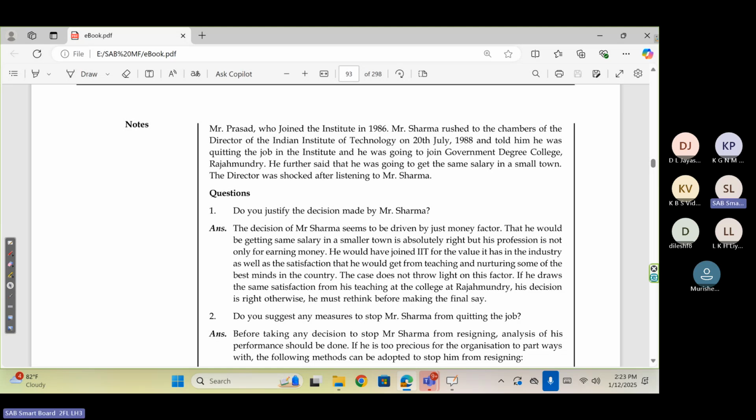He would have joined IIT for enjoying not only the monetary factors, but also reputation, holding administrative positions and many more things. Therefore, if we join in such a way to get all the benefits, then this decision is not rational. There is no justification for leaving.